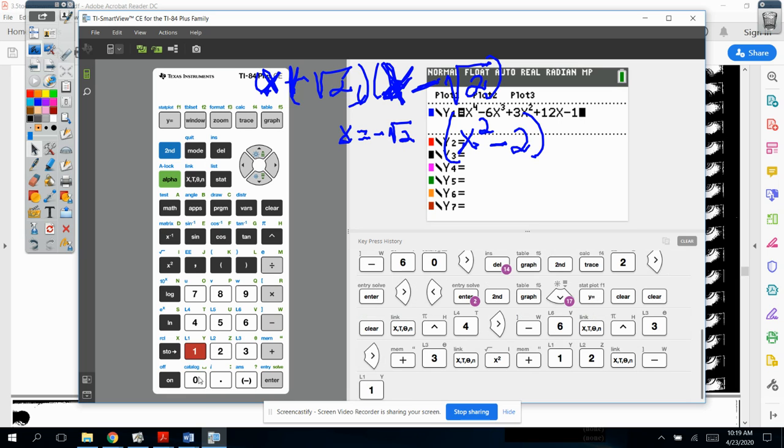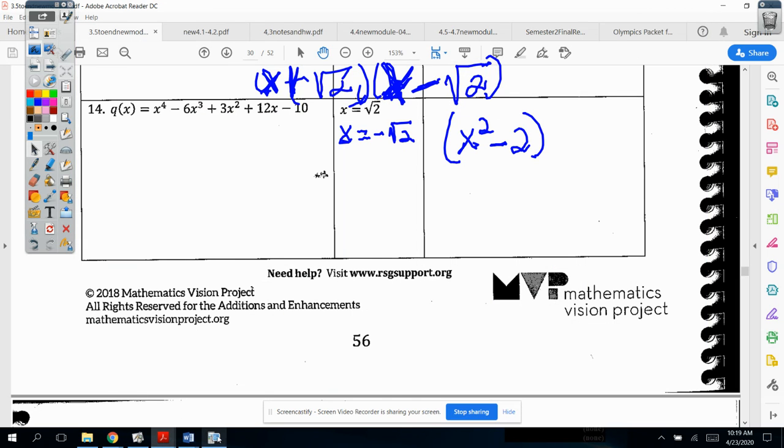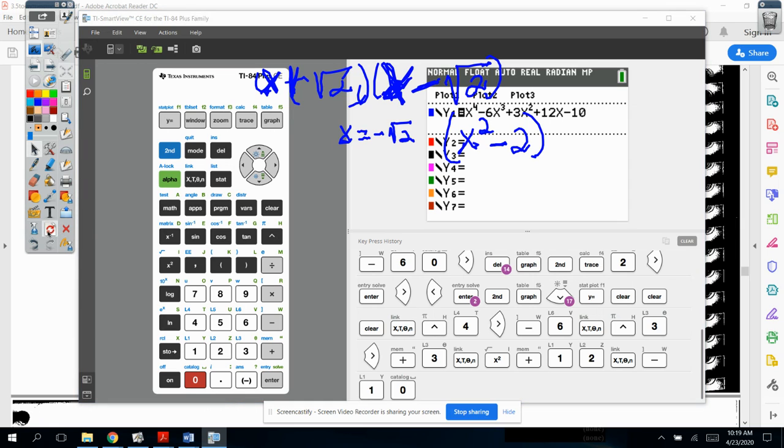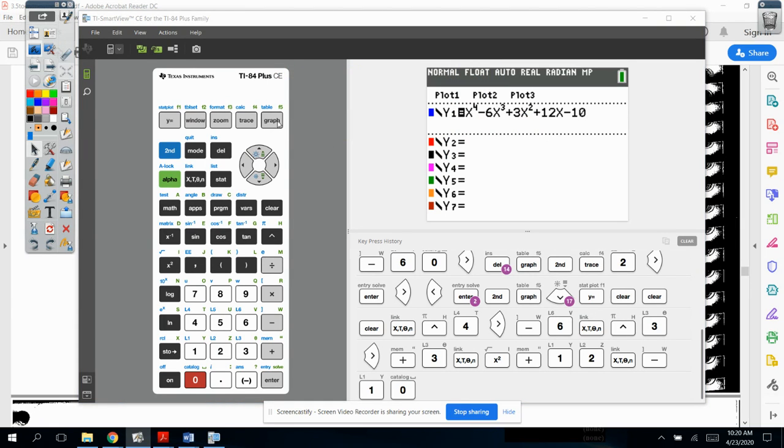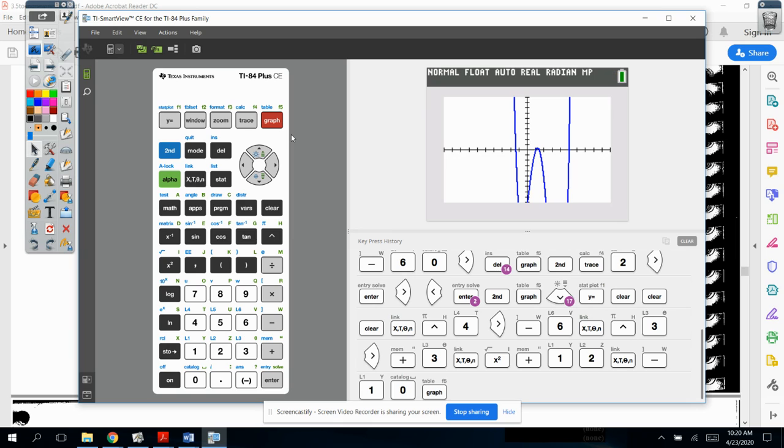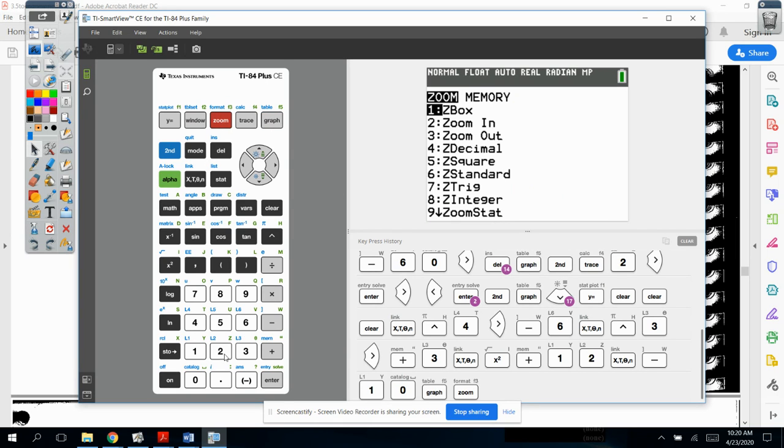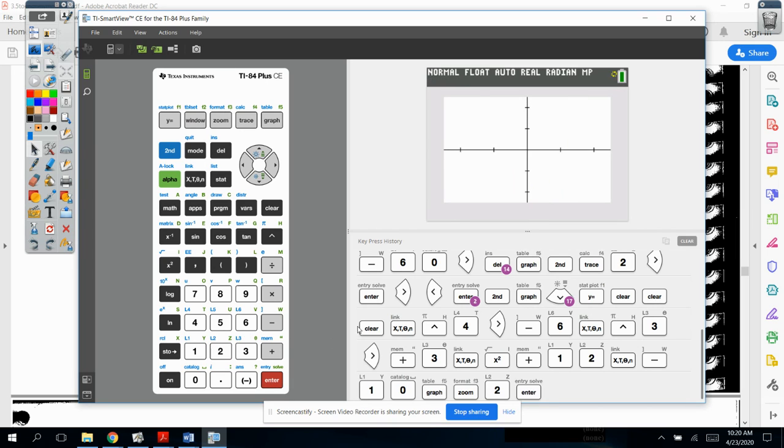I think it's a minus 10. Yep, okay. And you graph this. Yeah. Okay, these are real close. You might have to even zoom in a little bit. Okay, so it does go up.